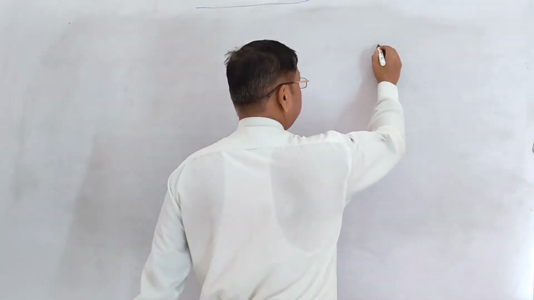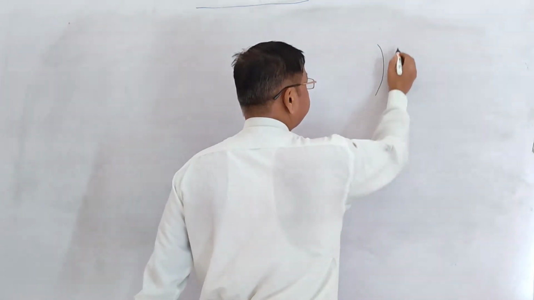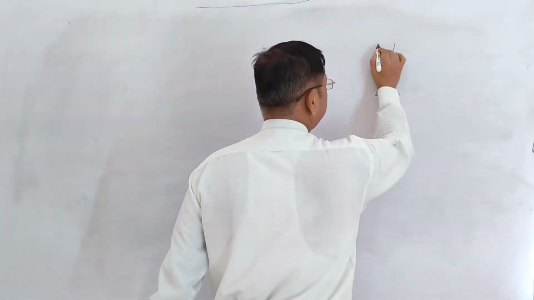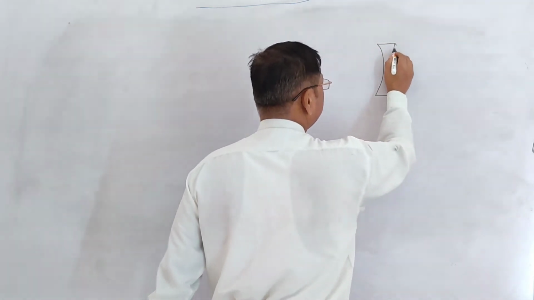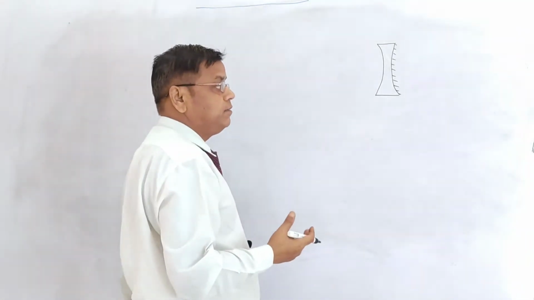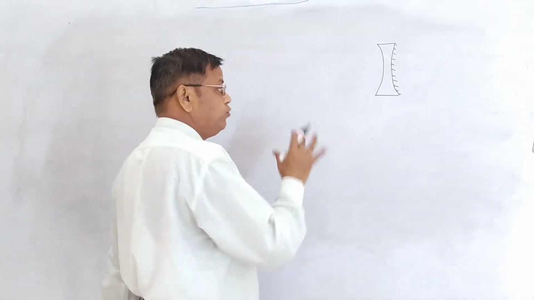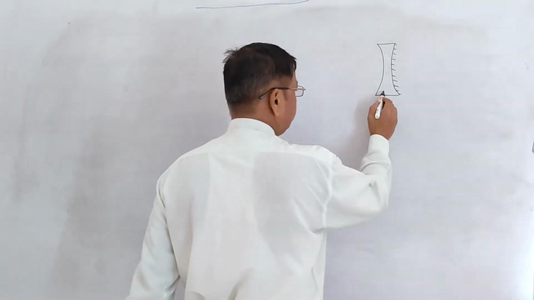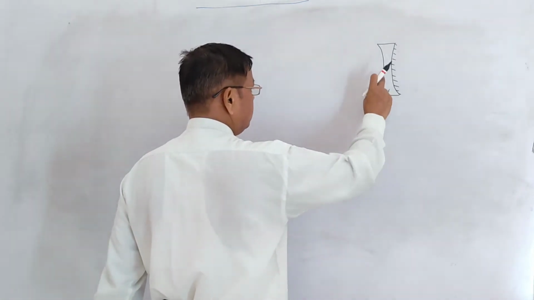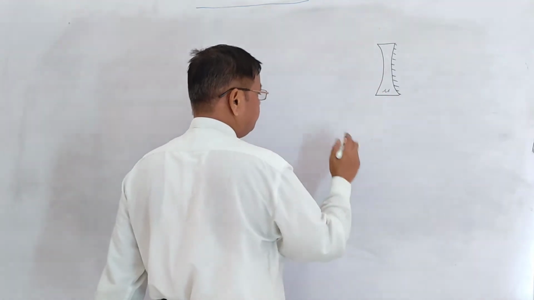Now let us see one more example so that things are very clear to you. Suppose it is an equiconcave lens and one surface is silvered as shown. We have to find the equivalent focal length. Suppose the refractive index of the lens is mu.